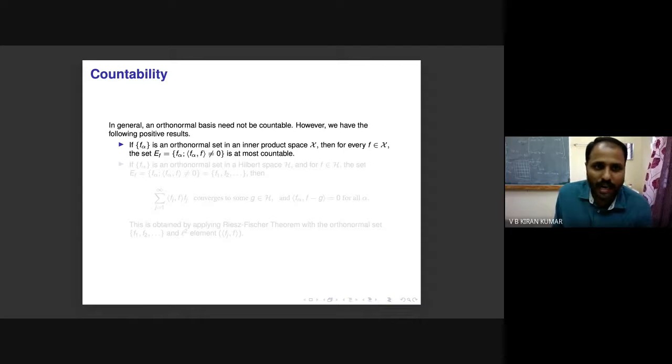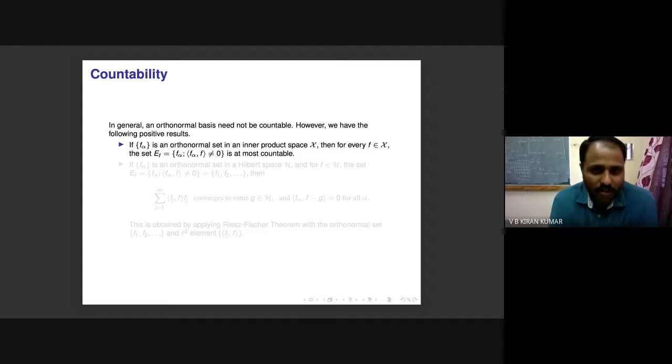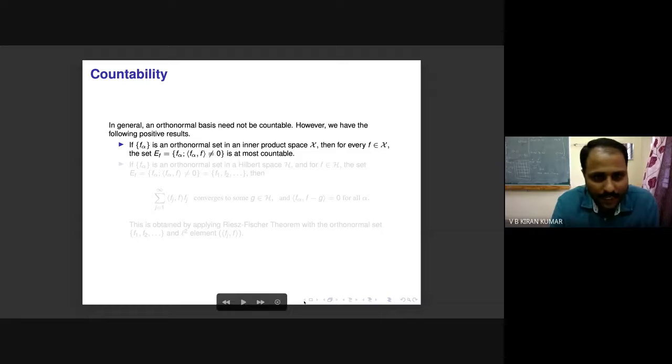Regarding countability, we had a problem with Hamel basis because Hamel basis happens to be uncountable most of the time. Here also an orthonormal basis can be uncountable, but not always.